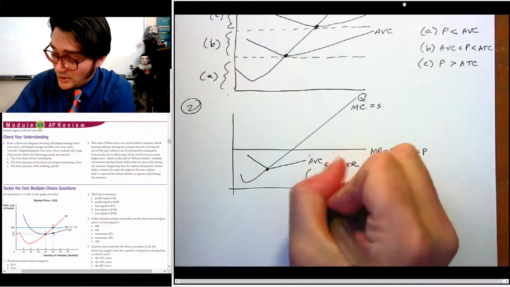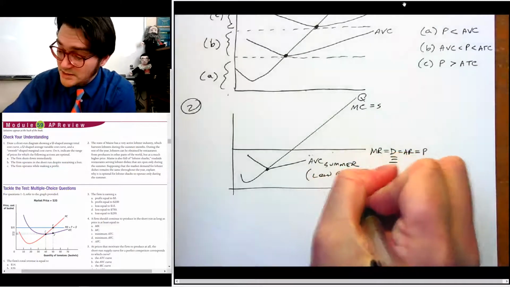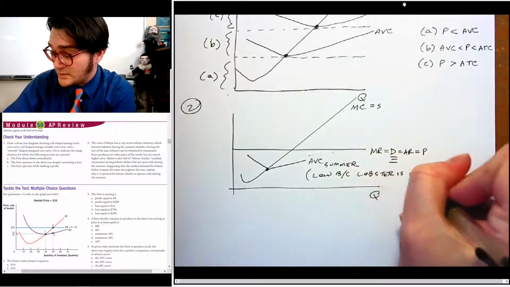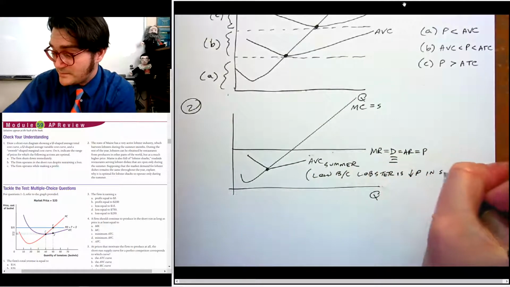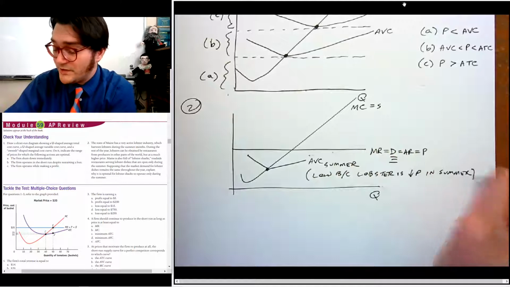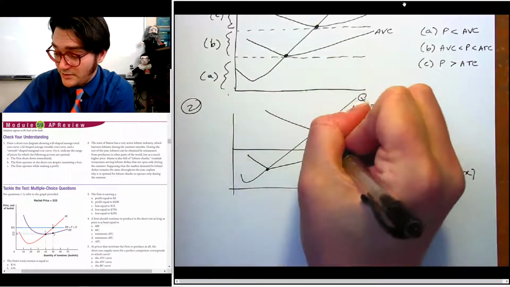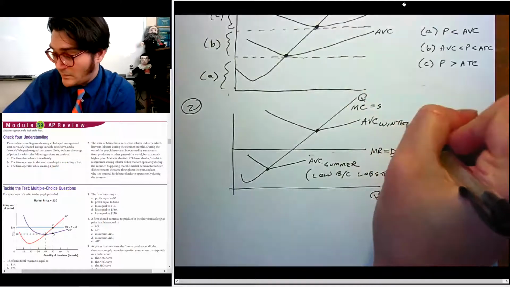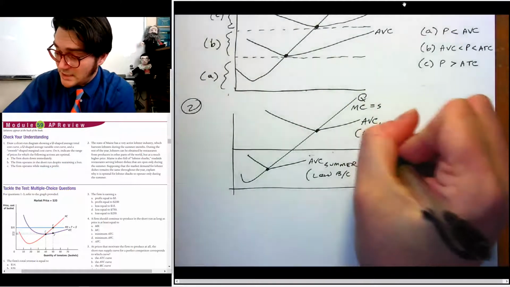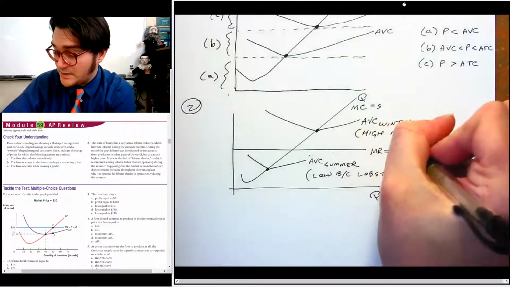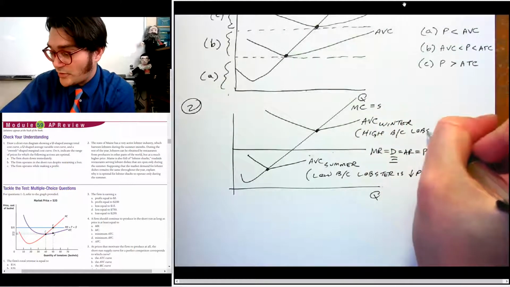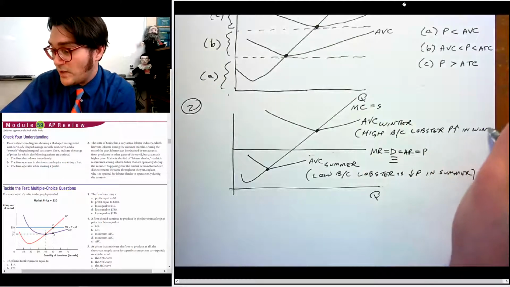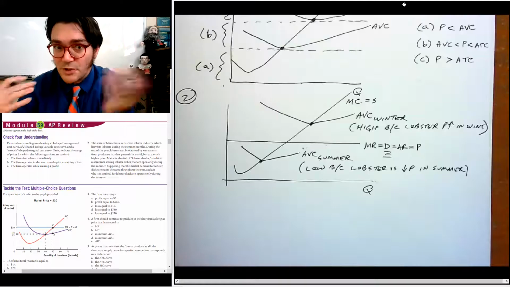So it's low because lobster is cheap in the summer, at least in Maine. But this up here would be the AVC in the winter, because lobster prices are higher in the winter. And why would they be higher? Well, because they only harvest them in the summer.